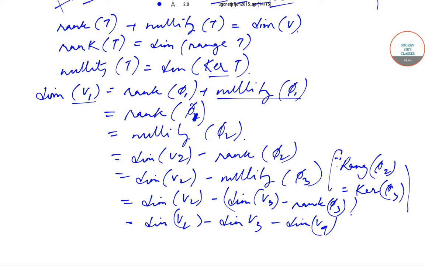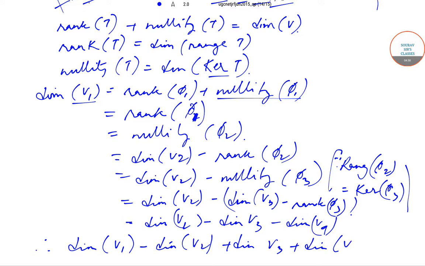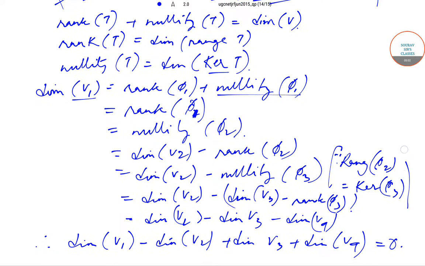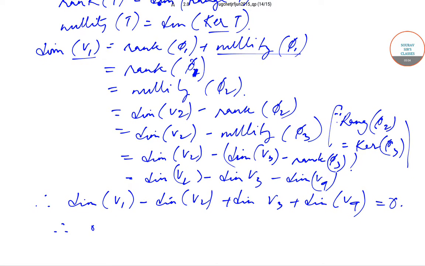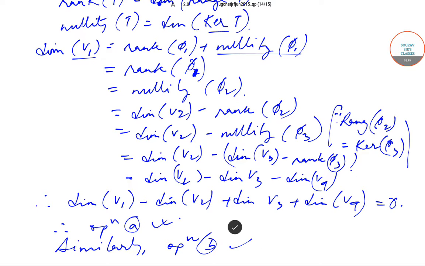So therefore we can write the dimension of v1 minus dimension of v2 plus dimension of v3 plus dimension of v4 is equal to 0. So therefore option A is correct. Similarly, we can also show that option B is correct.